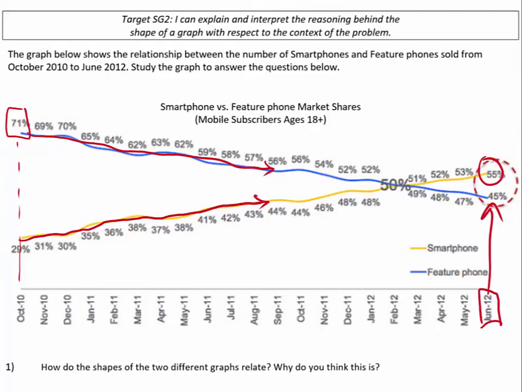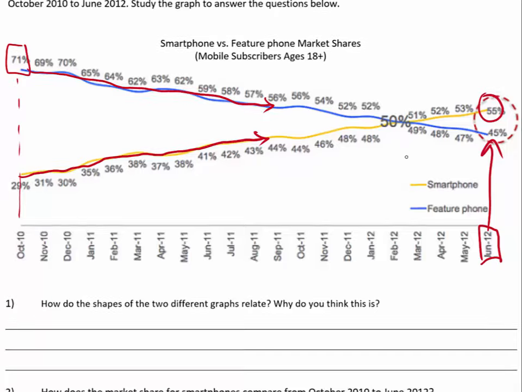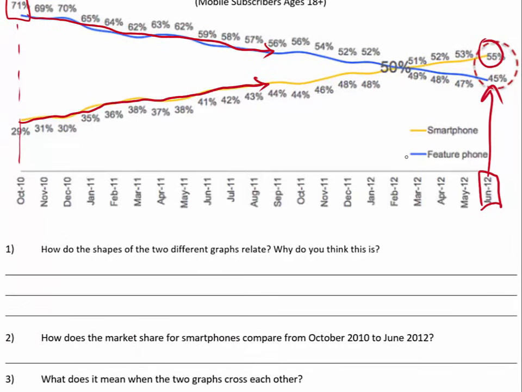Their popularity, however, just decreased and kept decreasing. So if we had to describe the shape of these two graphs, how do they relate? You'll notice the feature phone graph up here, the blue graph, is decreasing. So we can write that. The feature phone is decreasing, and it's not decreasing at a constant rate.